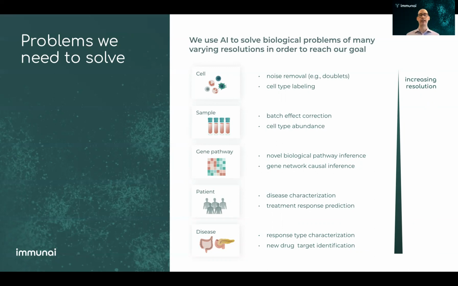And how is the patient's immune system behaving in the face of a particular disease, whether it's a tumor or something else? And finally, at the disease level, we want to be able to think about characterizing the patients who tend to do well versus not do well under a particular treatment, and using that characterization to identify new targets for gene therapy and for therapies.